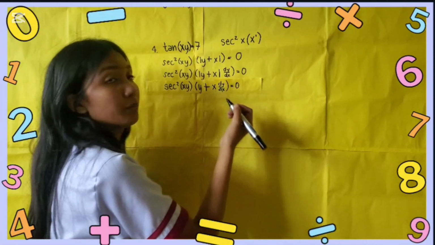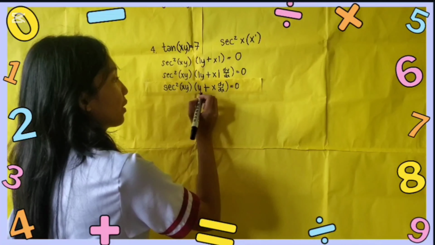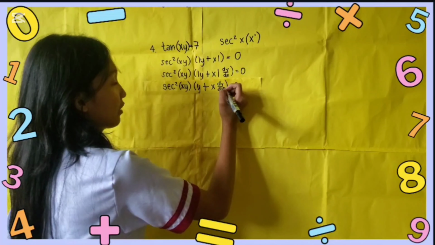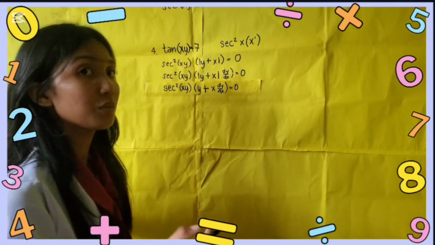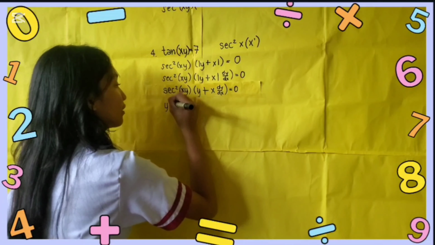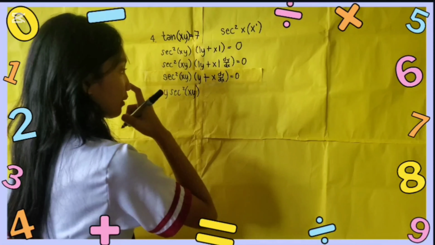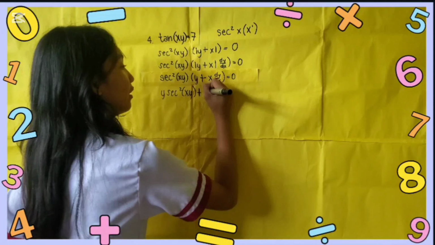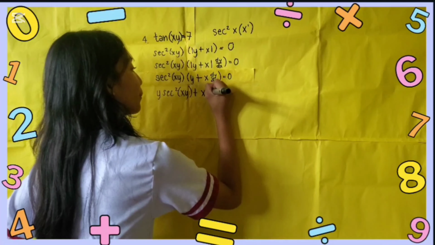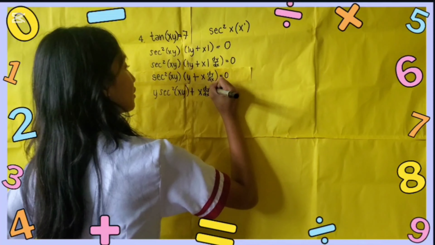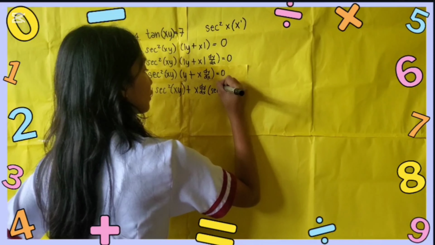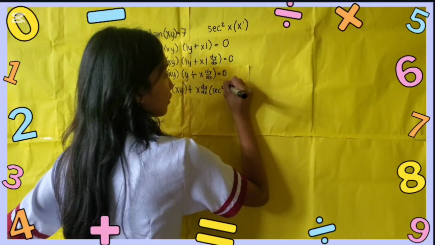So we're gonna distribute secant xy to y plus x dy over dx. That would be y secant squared xy plus x dy over dx secant squared xy.